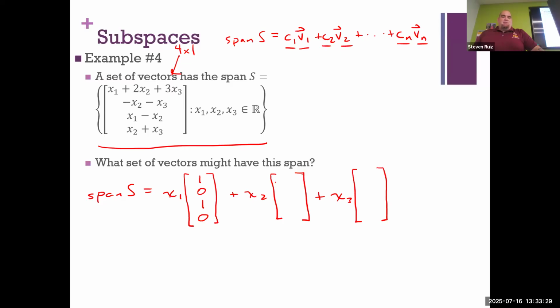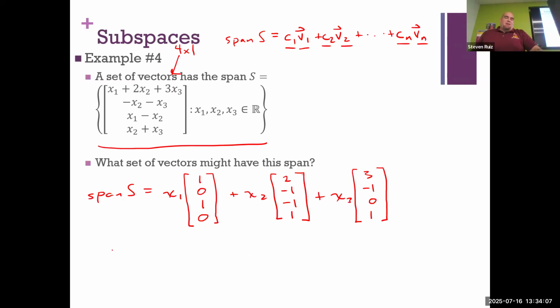What about for x2? What should that vector look like, top to bottom? 2, negative 1, negative 1, 1. And x3? 3, negative 1, 0, 1. So if that's what the span looks like, any linear combination, basically anything that looks like a real number x1 times 1, 0, 1, 0, plus a real number x2 times 2, negative 1, negative 1, 1, and so on.